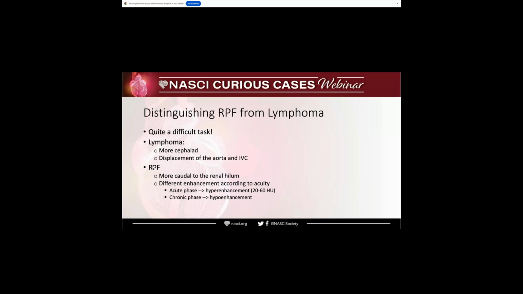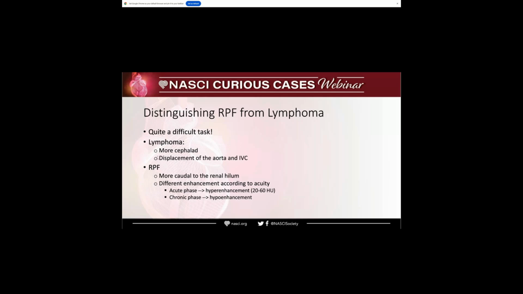It can differ in enhancement. So if it's in the acute phase, because there's a lot of inflammation, it will hyper enhance. So we can see differences, especially if we have the pre and post contrast, we can see differences in enhancement of 20 to 60 Hounsfield units between the pre-contrast and the post-contrast injection.